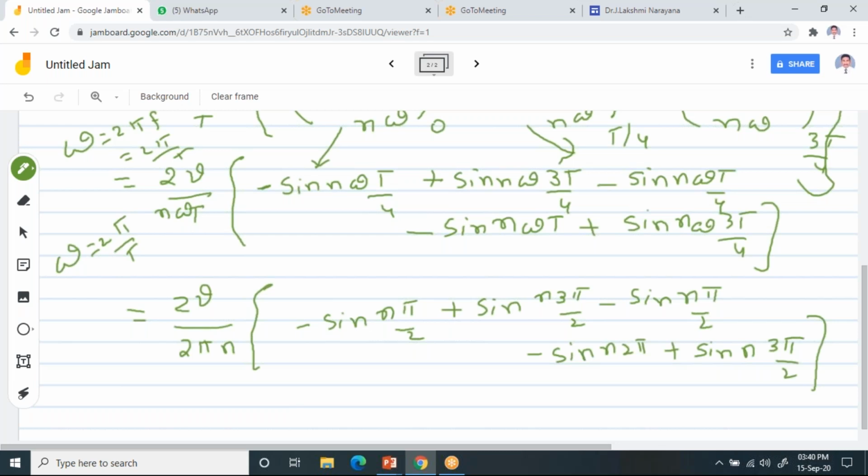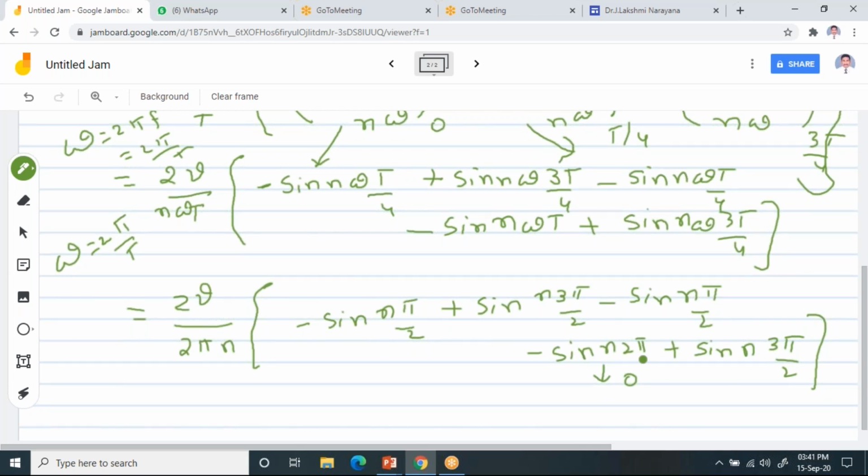Sine 3n pi by 2 also you can add, and this you can write as 2 sine n 3 pi by 2. And sine n 2 pi, you can write as sine 2n pi. Now, what is the value of sine n 2 pi? Whatever the value of n, sine n 2 pi will give you 0.